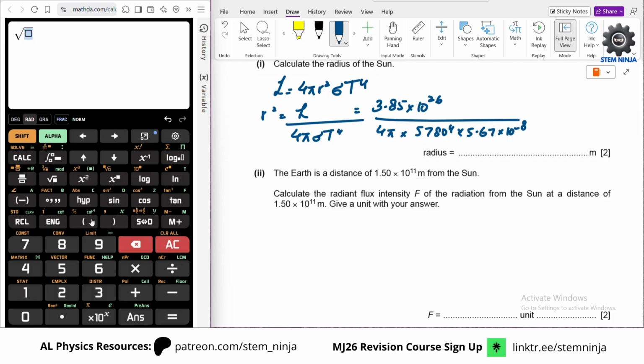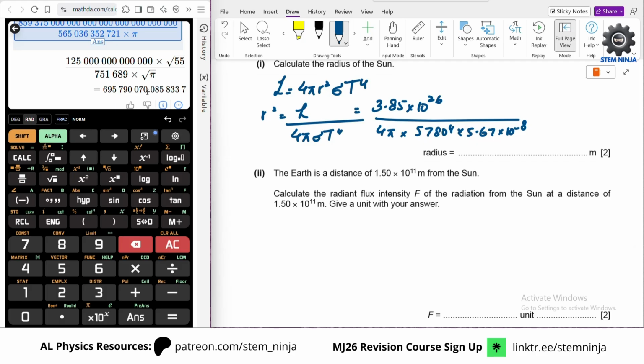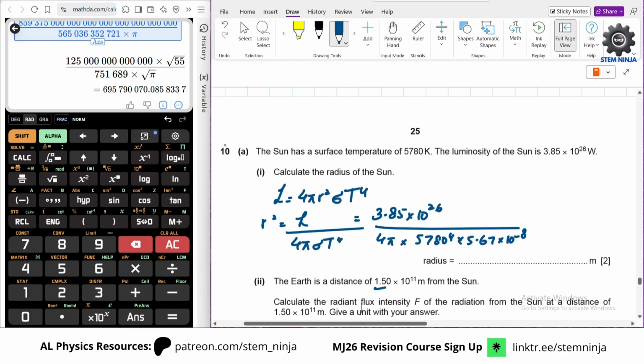Now we need to square root this value. We get 695,790,070. So we have 1, 2, 3, 4, 5, 6, 7, 8 digits. So to three significant figures, 6.96, because you see 9, 5, 7, so times 10 raised to power 8.